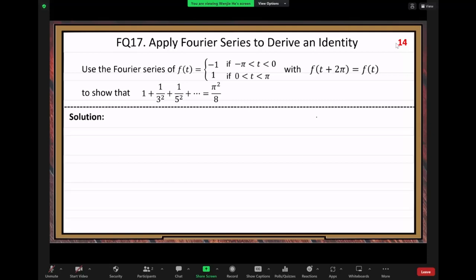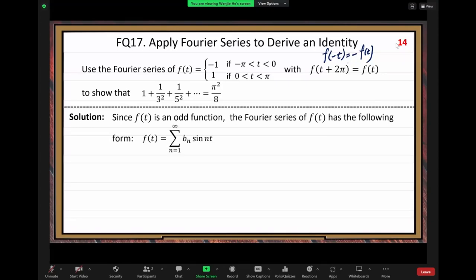So let's do the Fourier series expansion. First, based on the definition of the function, f of t is an odd function. The odd function satisfies the property f of negative t equals negative f of t. So then we have a simplified version of the Fourier series coefficient formulas for the odd function.